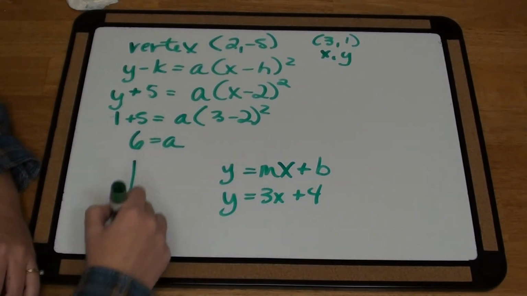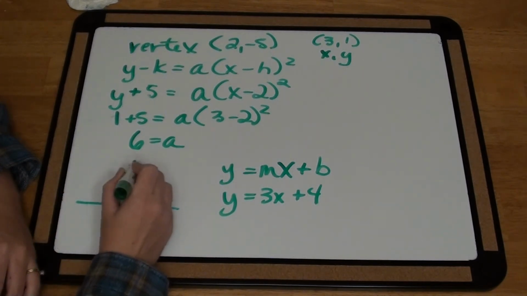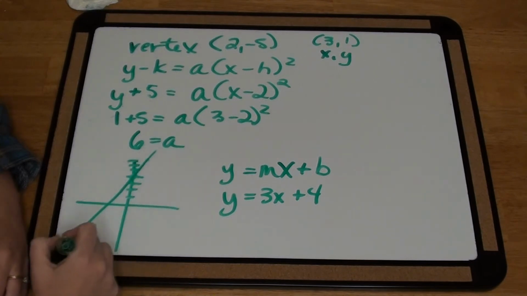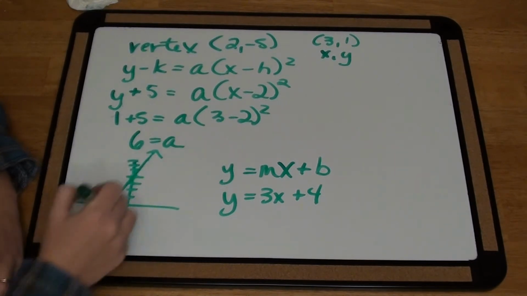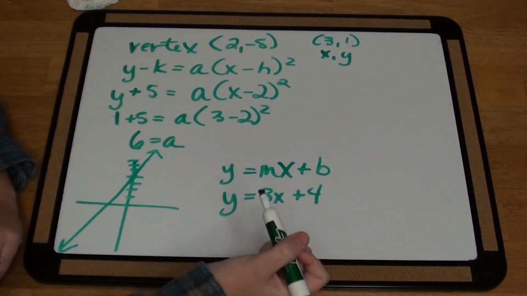Here you have 4 as the intercept. So any point along this line works in this equation.